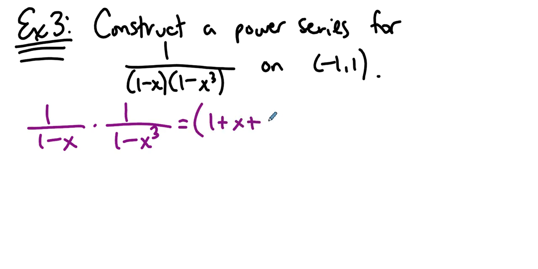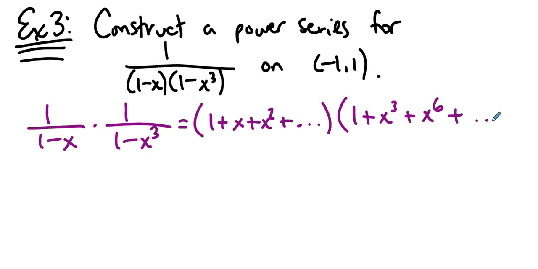That's 1 plus x plus x squared and so on times 1 plus x cubed plus x cubed squared and so on. Well, that's just crazy. What's that going to look like? I don't know how to multiply infinitely many things by infinitely many things. So let's do this one at a time.